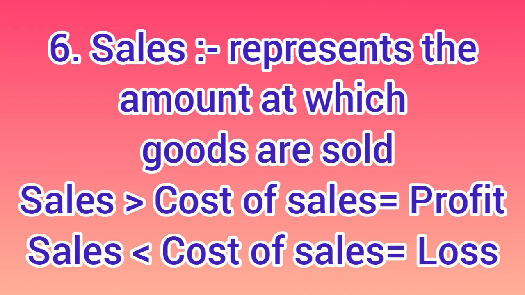Then the last one, sales. It represents the amount at which goods are sold by that company. The profit or loss of that business depends on the amount of sales and cost of sales. That means if the sales exceeds the cost of sales, it will be profit. If the cost of sales exceeds the sales, it will be loss.